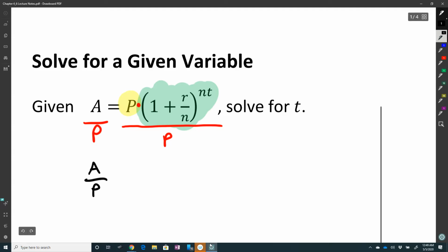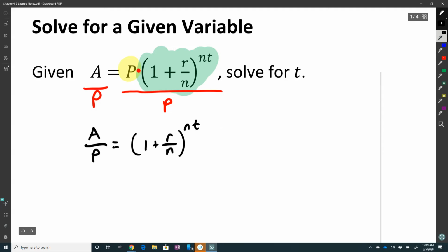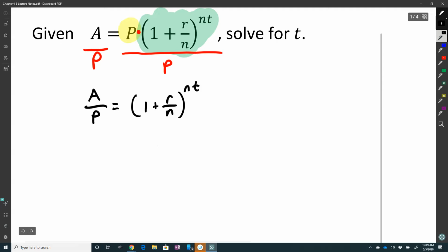So a over p equals 1 plus r over n raised to the nt. Okay? Now think of this, usually the 1 plus r over n throws people off. What I usually tell people to do is think of it as your base.